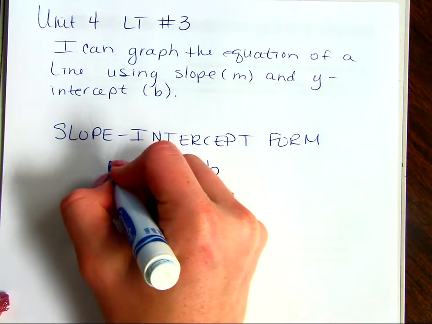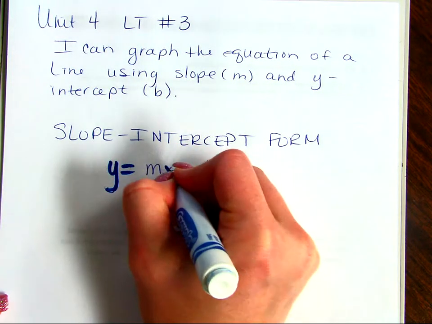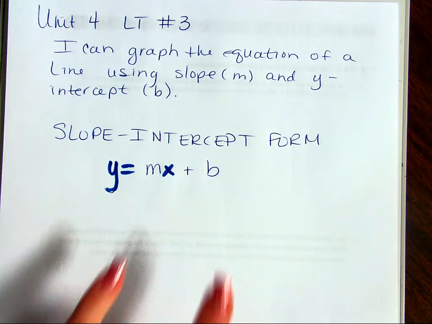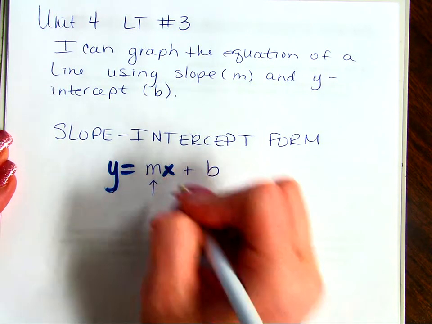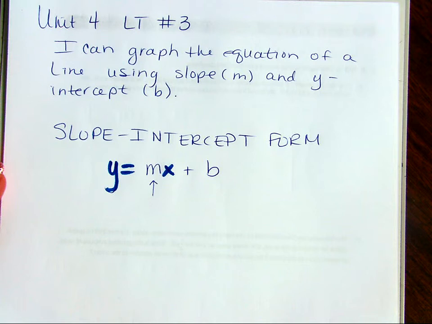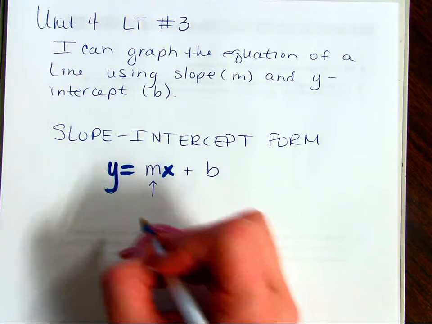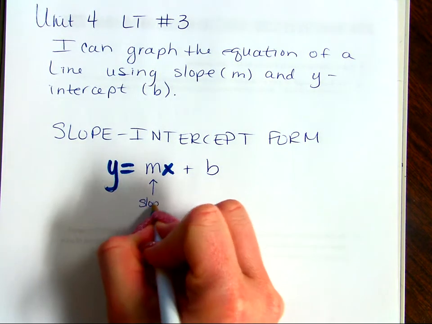Okay? The y equals x kind of stays. It's the m and the b that get replaced and end up changing, right? So we're keeping the y and the x there. So we know that this is slope, right? You just took a quiz Friday on that, right? You got the equation solved for y, and then the number in front of x was slope every single time. So you know that slope stands for m.